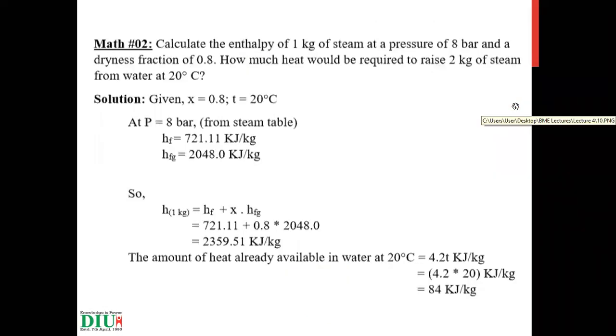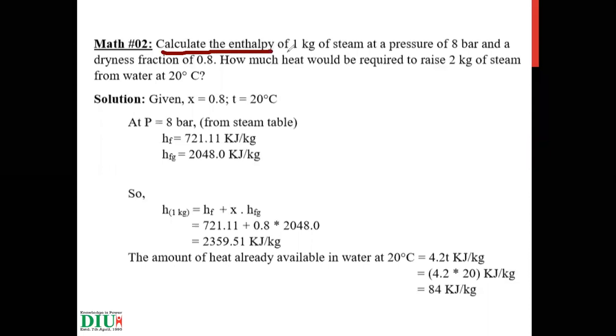Calculate the enthalpy, that means the total heat of the system, H of 1 kg of steam at a pressure of 8 bar and a dryness fraction of 0.8. You see that there is no clue of what type of steam it is, but as the dryness fraction is given, we have to understand that this is wet steam.